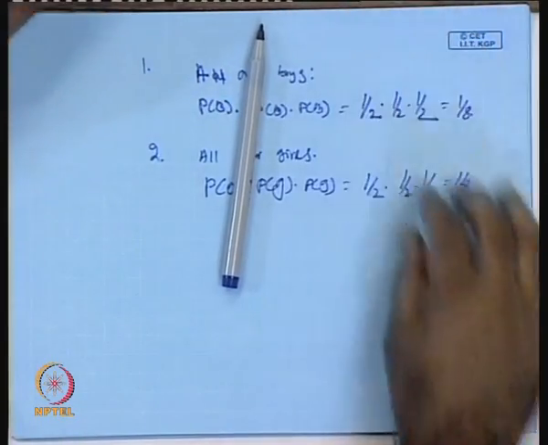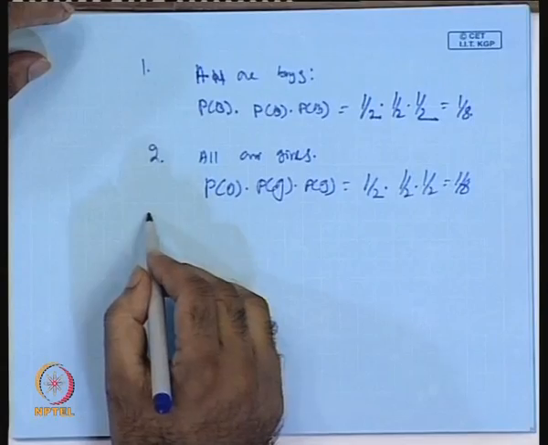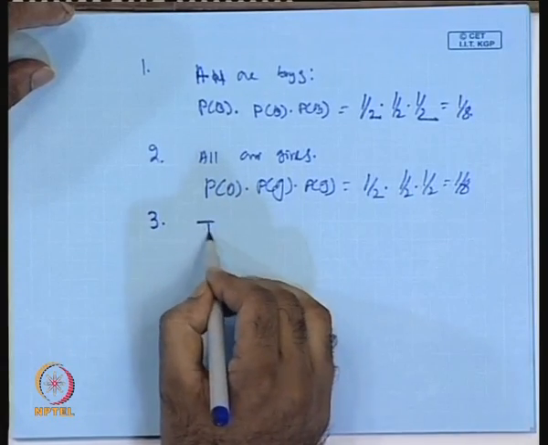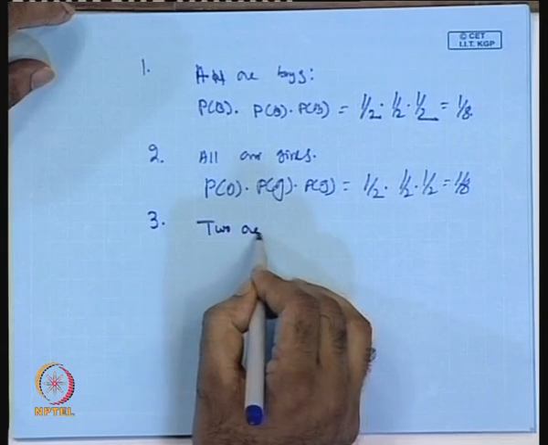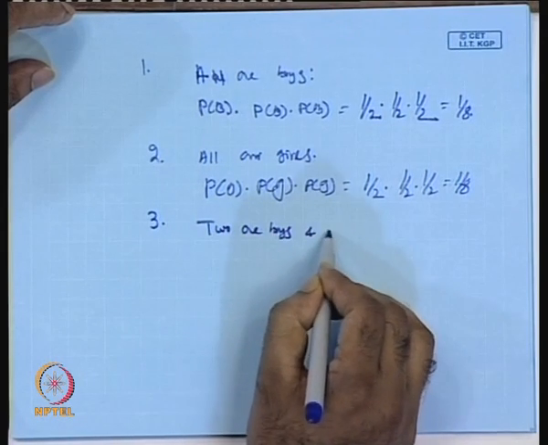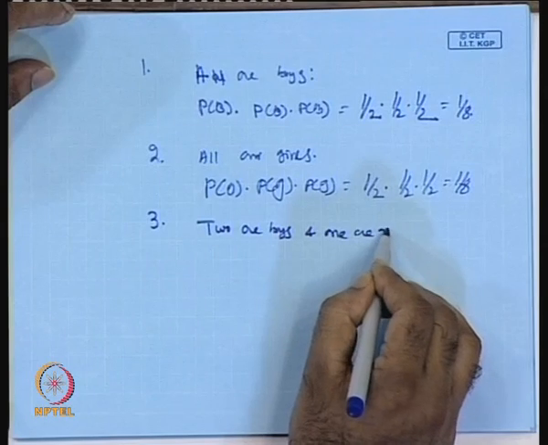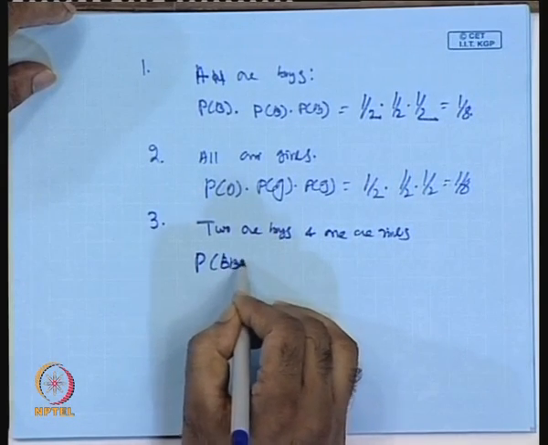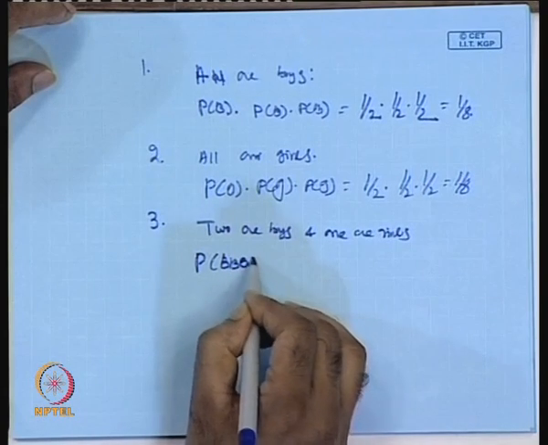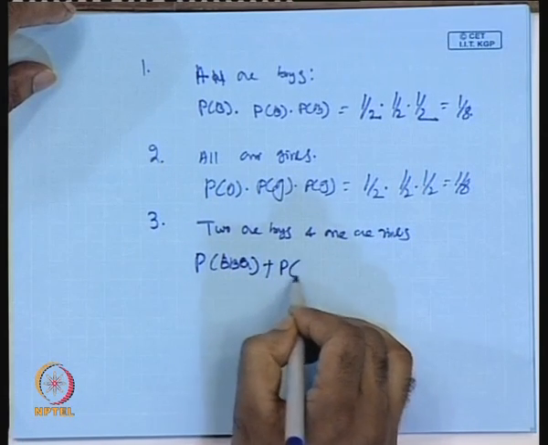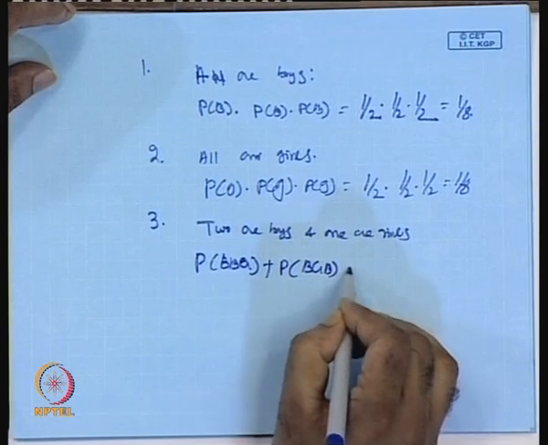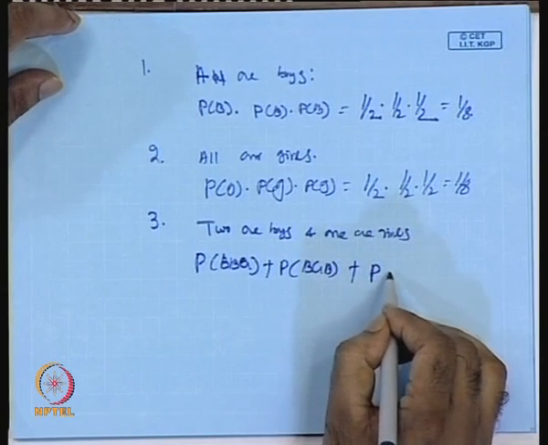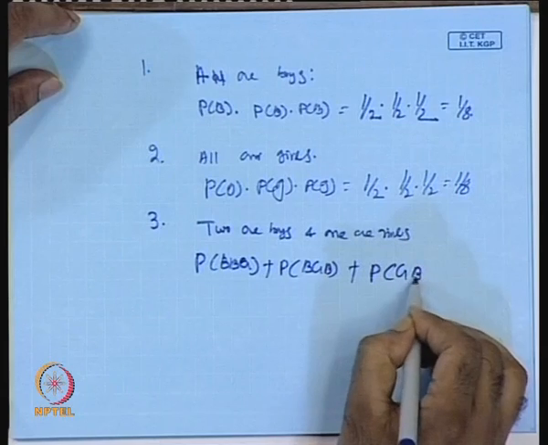Now similarly, we would like to know the case of 2 boys and 1 girl. Let us say 2 are boys and 1 is a girl. Then P(BBG) plus P(BGB) plus P(GBB).